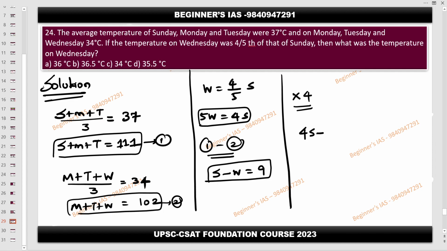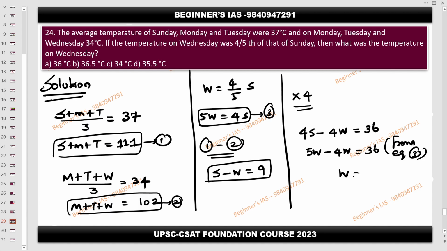Then 4S minus 4W is equal to 36. Substitute the 4S here: 5W minus 4W. I'm taking this as equation number 3, which is equal to 36. So I'm replacing: 5W minus 4W is nothing but W is equal to 36 degrees Celsius.